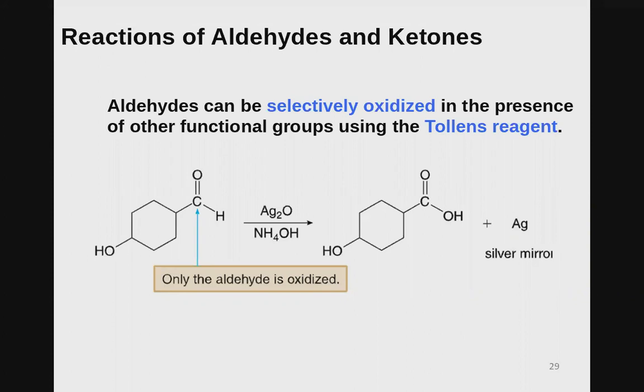But in this case, Tollens' reagent selectively oxidizes just this aldehyde part, leaving the rest alone, thus forming our OH here and silver, like pure, elemental silver. So we're going to get to do this in lab later on in the semester. It's not as exciting as it sounds, but you'll get to do it nonetheless.